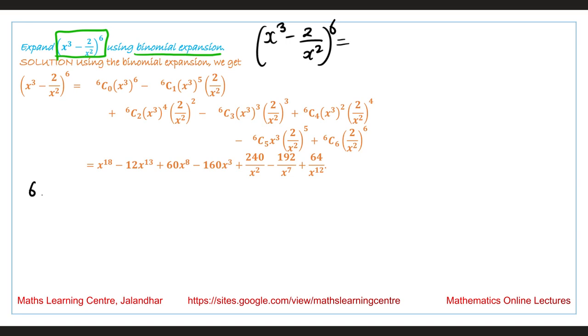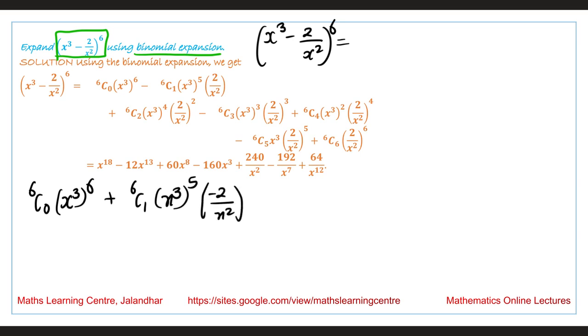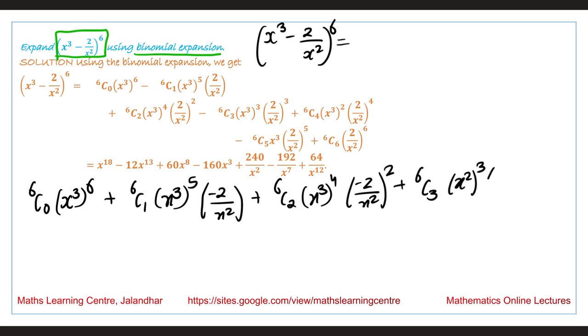It is 6c0 (x^3)^6, plus 6c1 (x^3)^5 times (-2/x^2), plus 6c2 (x^3)^4 (-2/x^2)^2, then plus 6c3 (x^3)^3 (-2/x^2)^3.